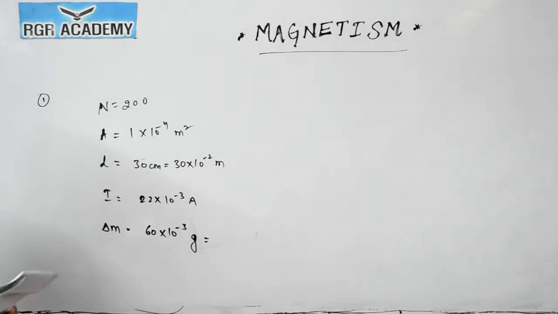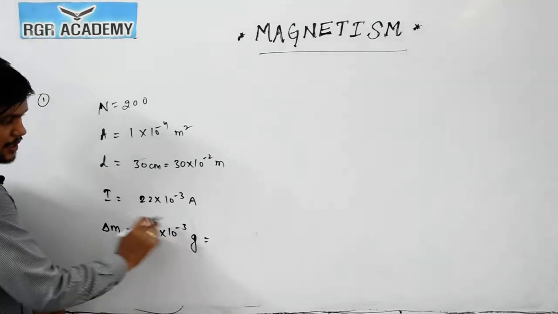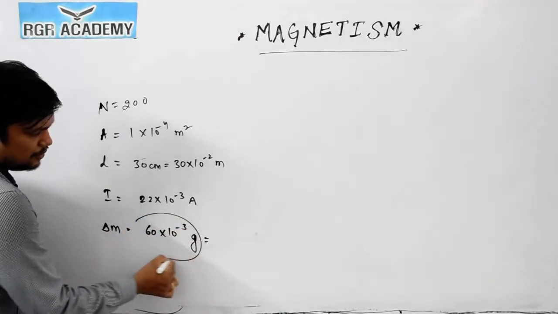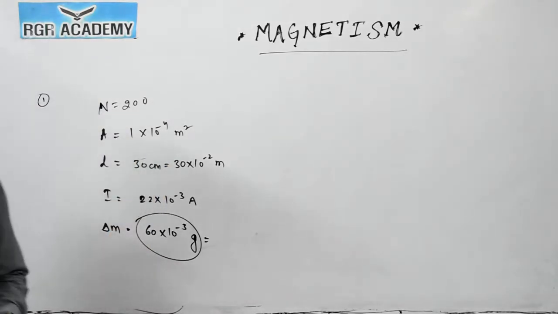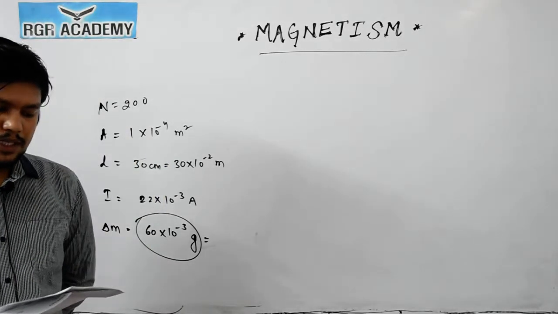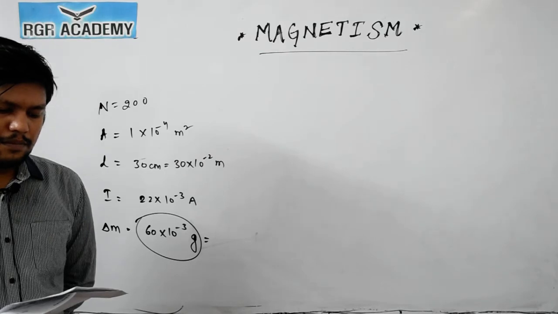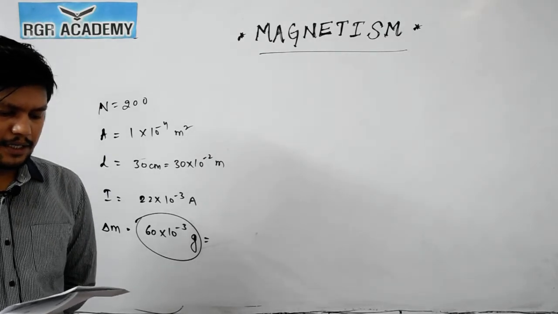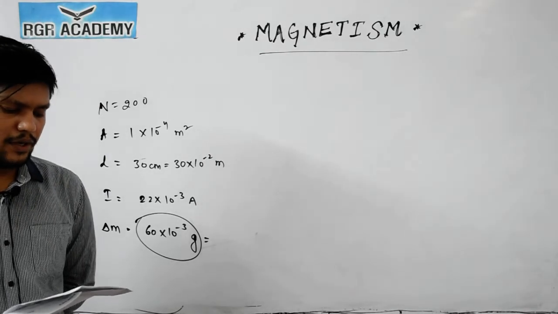Weight is given as 60 into 10 to the power minus 3 g on a balanced pen. Find the magnetic induction at the spot where the coil is located.